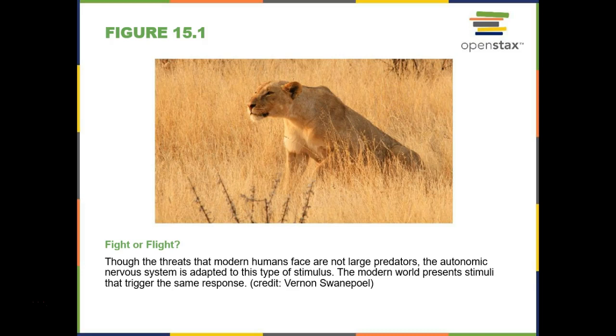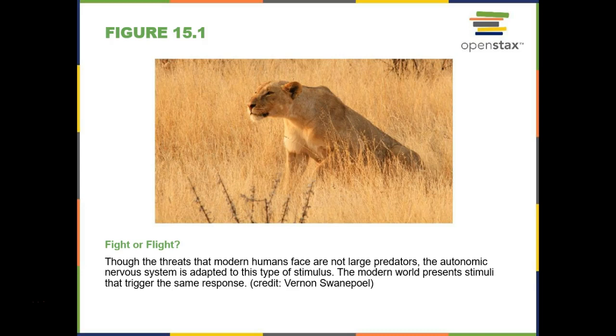So the autonomic nervous system is associated with the viscera of the body, and it's also known as the visceral nervous system. It's the system that allows us to maintain basic homeostatic functions and keeps us alive when something is potentially causing us danger.